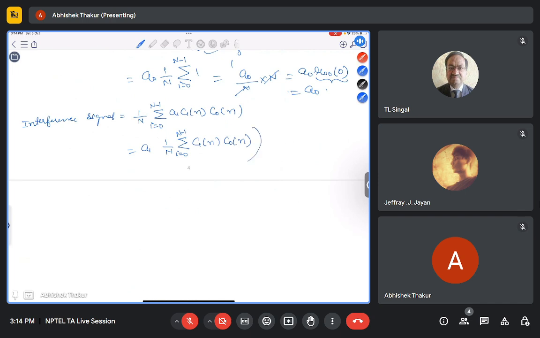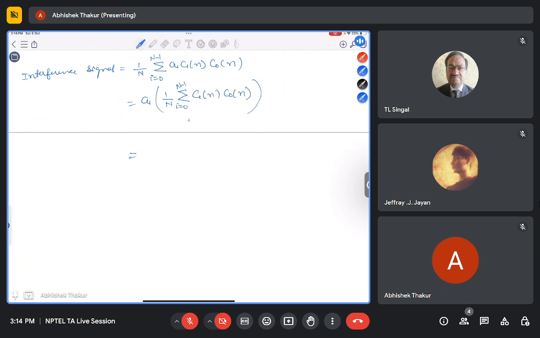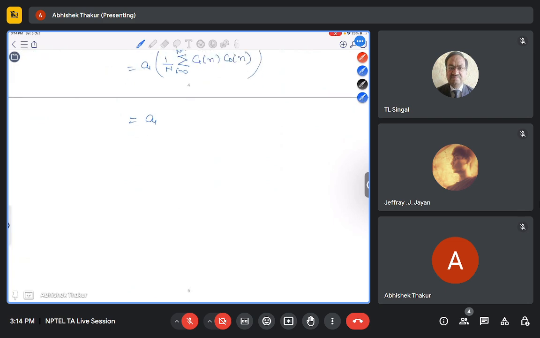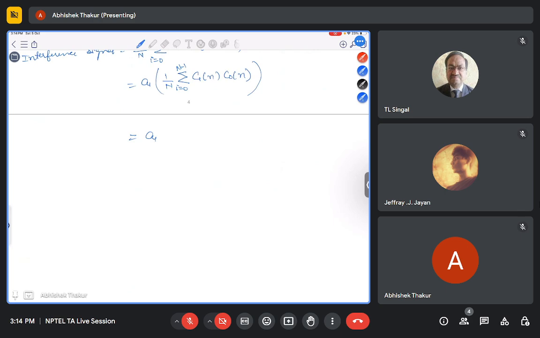As we know that the codes are orthogonal, this sum will become 0, so we can write this as A1 times the cross-correlation between codes 0 and 1 at 0, R01[0]. The interference power is given as the expectation of I1 squared.